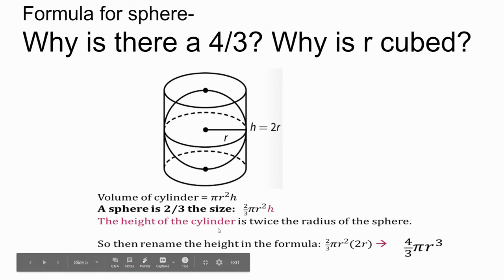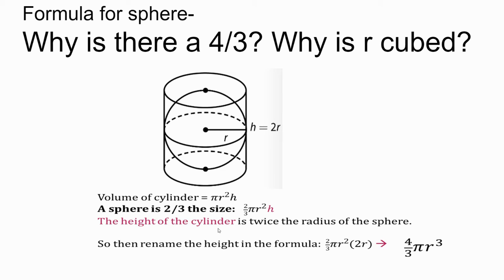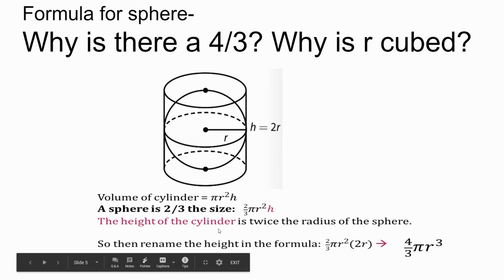But the height of a cylinder is twice the radius of the sphere. So I'm going to rename that height in the formula to 2r, or twice the radius. And then if I simplify 2/3 pi r squared times 2r, I get to the final answer of 4/3 pi r cubed. So this will be the formula that we'll be using to solve for volume.